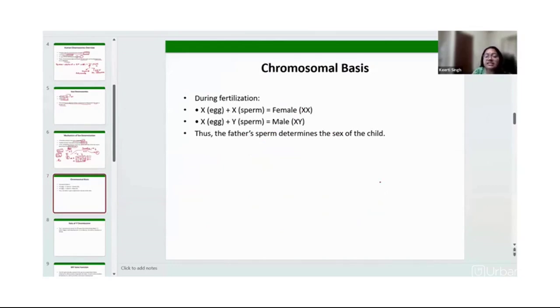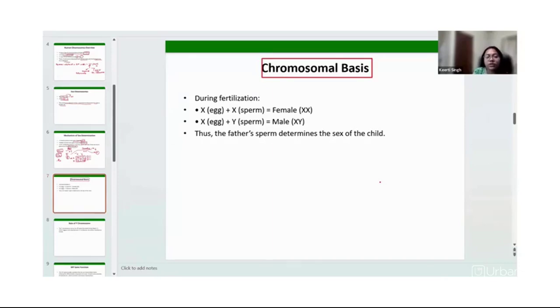So this is the chromosomal basis of inheritance, because these are done by the chromosomes. What kind of chromosomes are going to get fused with the ovum, right?